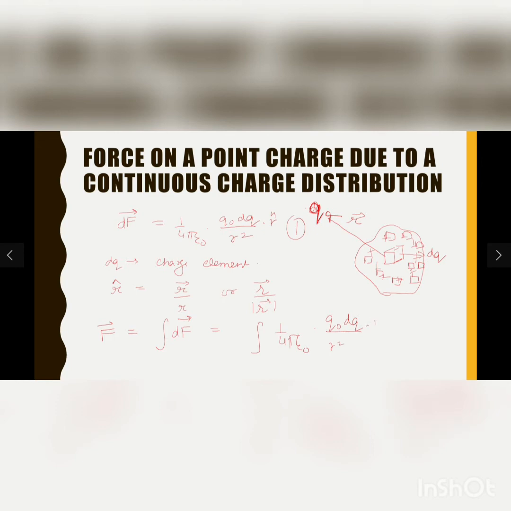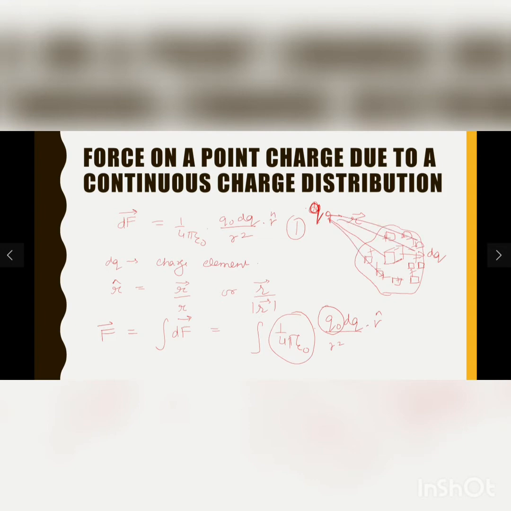Now from this expression I can take out the values 1 by 4 pi epsilon naught and q naught outside my integral, because these are going to be constants. dq and r square stay inside the integral, because the distance from the charges would be different.